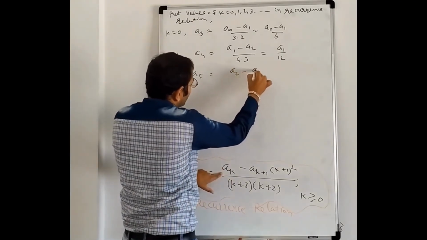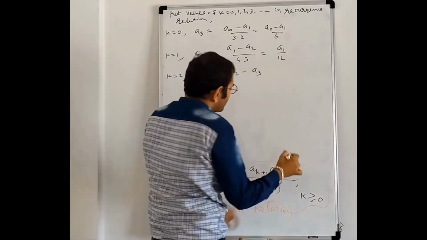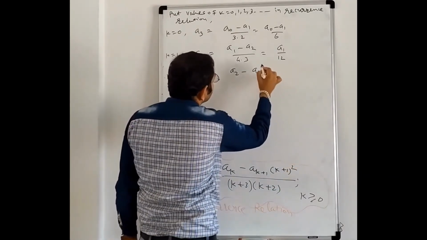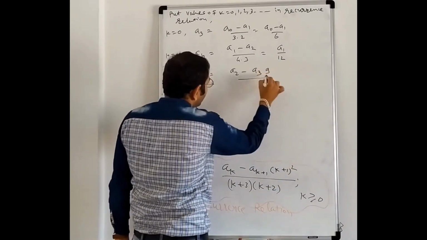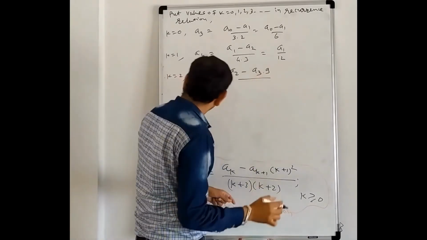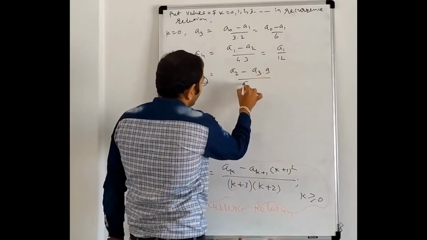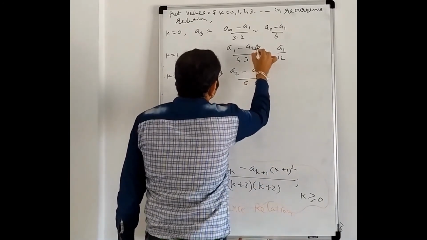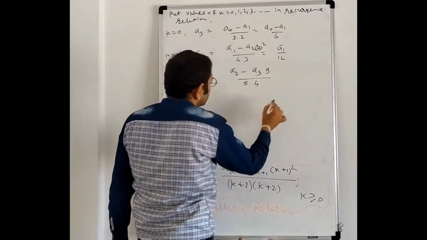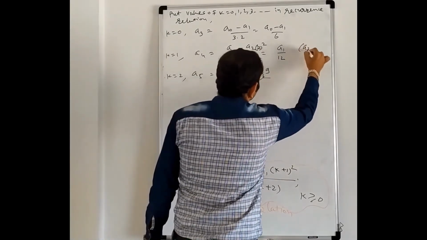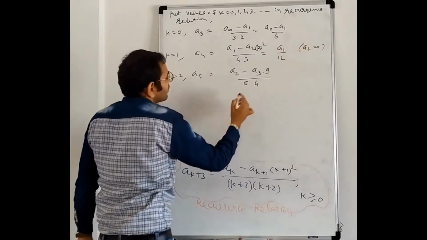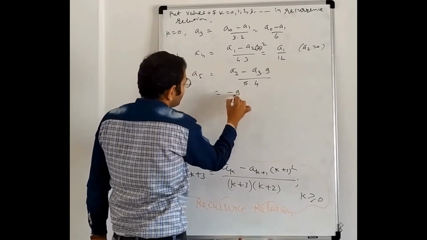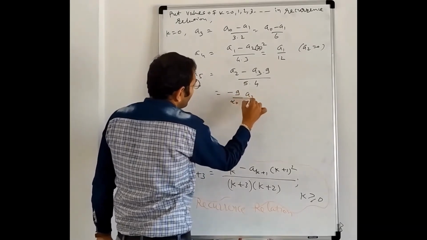Here a2 minus a3 times (2 plus 1) whole square, 3 square, 9, divided by (2 plus 3) into (2 plus 2), 5 into 4, so minus 9 by 20 into a3.